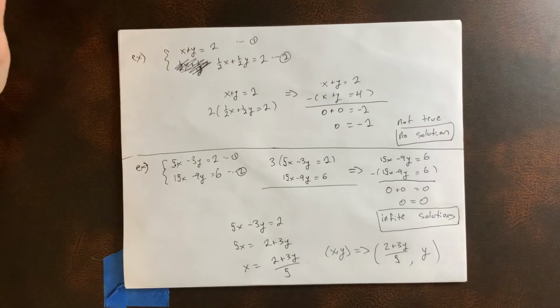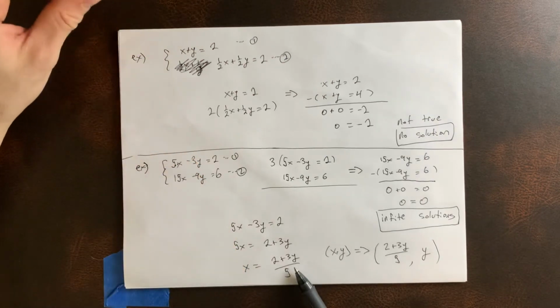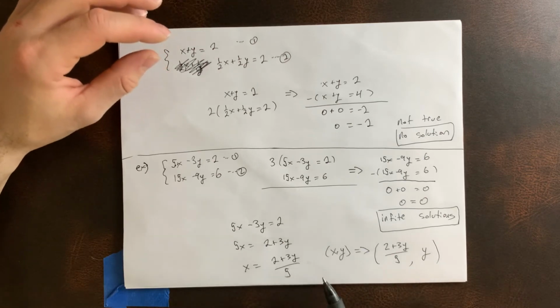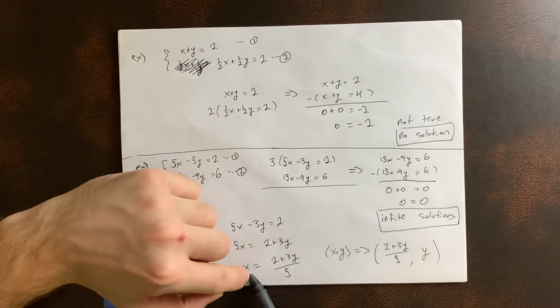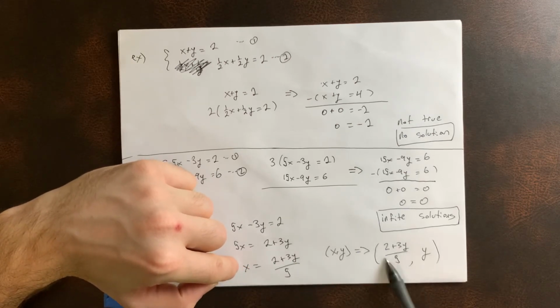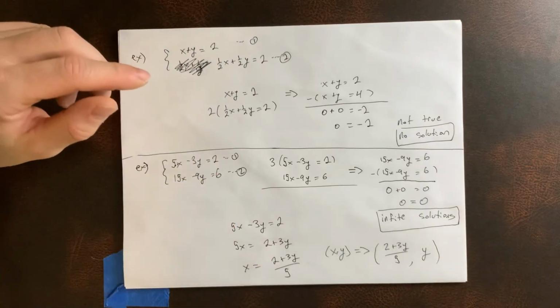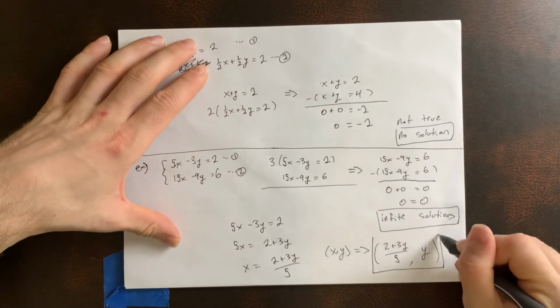In this problem, we chose to solve for x, so we get x is going to be this. Whichever we choose to solve for, we're going to have that part over here, and the other part is just going to be the other letter. So this is one way to represent the infinite solutions.